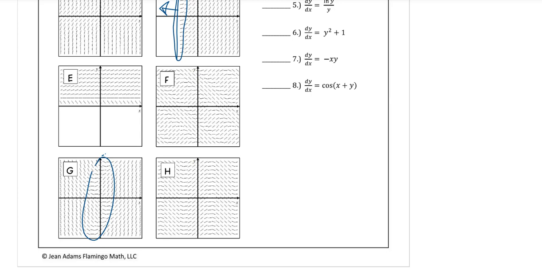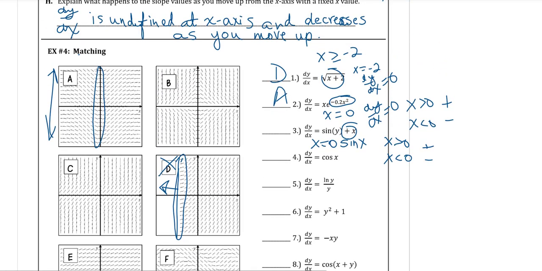And then what you'll notice is on the negative side, all of these slope lines are negative, and on the positive side, all of these are positive. So number three is G.